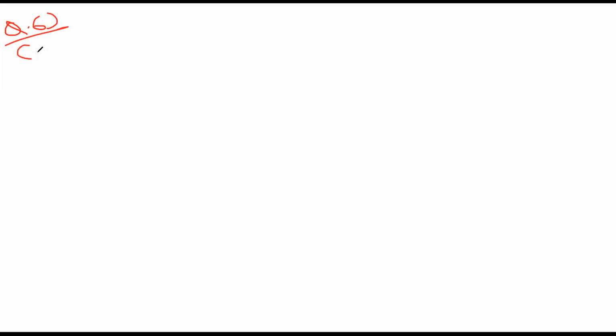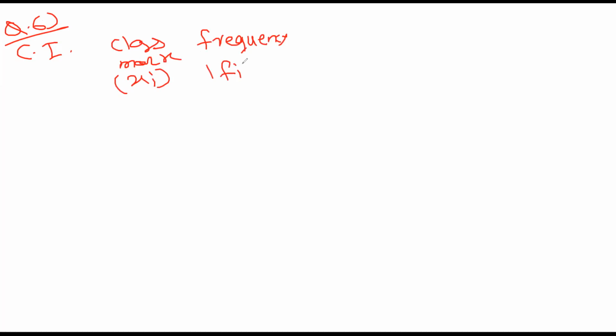Okay, first we have class intervals. Then we have class mark. That is the midpoint. That is xi. Okay. Then we have frequency. Frequency means number of households, correct? That is fi. And then we have directly fi xi. Okay, no need to assume anything.